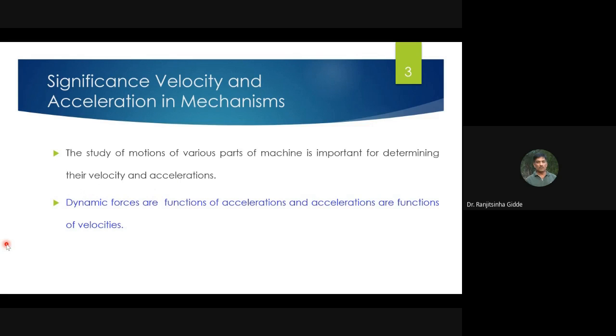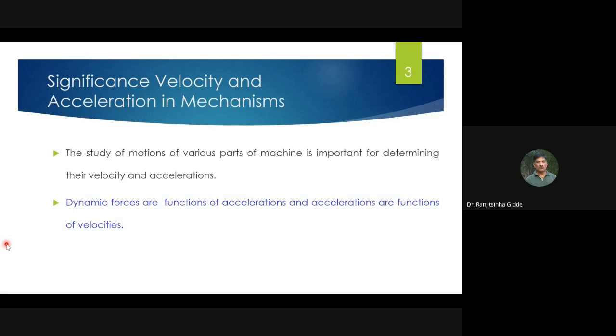Second point, right? Dynamic forces are functions of accelerations, and accelerations are functions of velocities. So you know acceleration is nothing but rate of change of velocity, dv by dt.